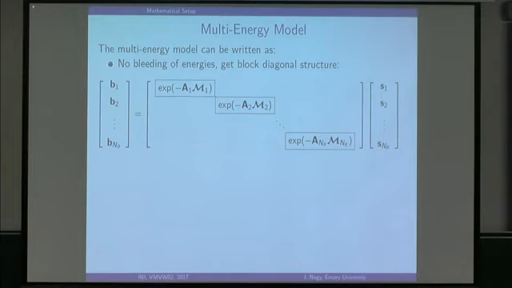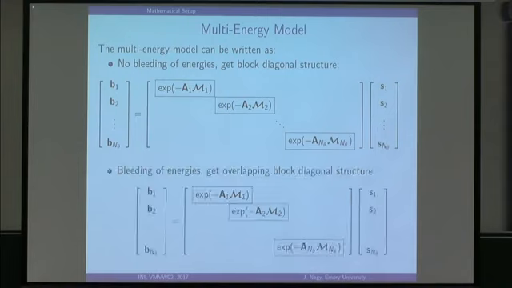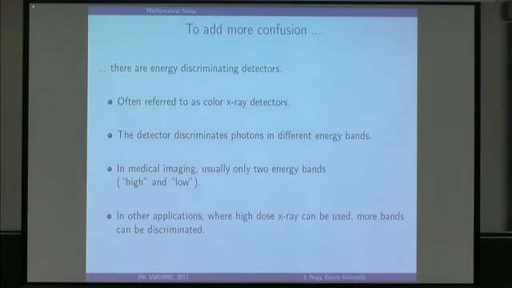Now, physically doing this, where I can actually separate those things completely, is probably not possible. There will be some bleeding between the X-ray emissions, and so you're not going to get quite a block diagonal system out, if you like. So there'll be some overlap there as well. All right, so that's sort of how you might think about it mathematically. But in any case, when you put it all together, the mathematical model is quite similar to what I already wrote up in the general form. I'll come back to this in a minute.